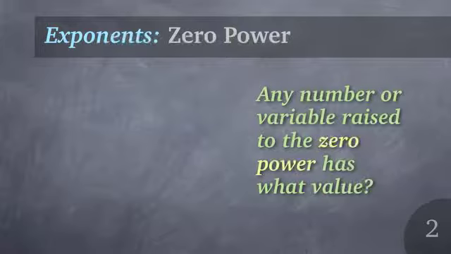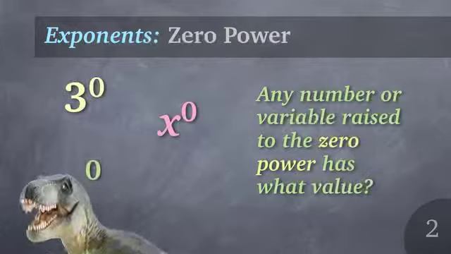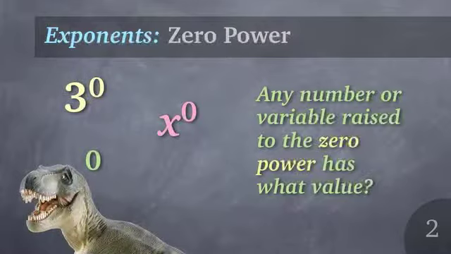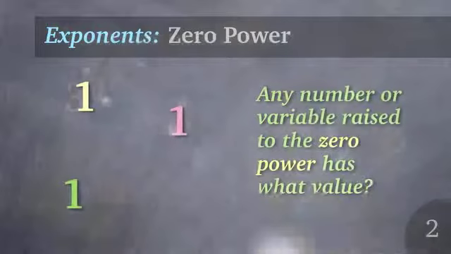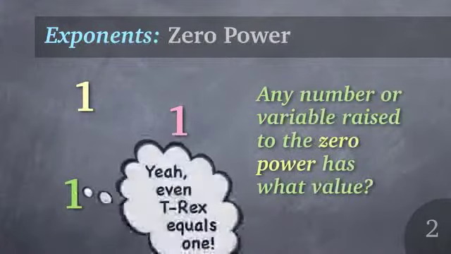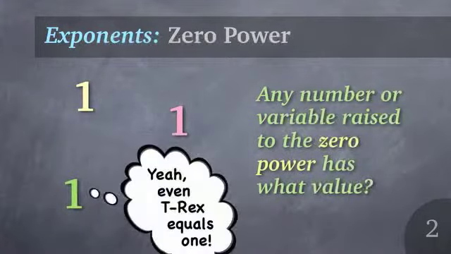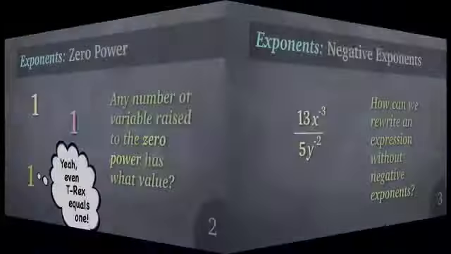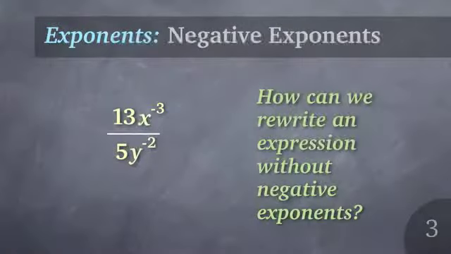Any number or variable raised to the zero power has what value? Negative exponents. How can we rewrite an expression without negative exponents?